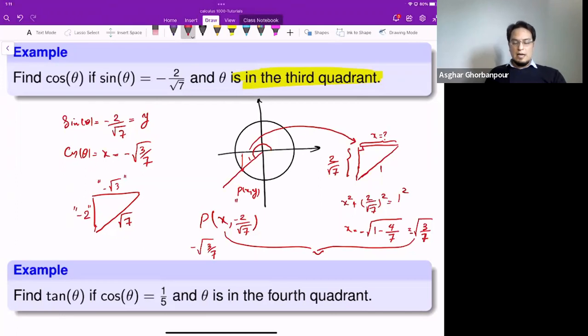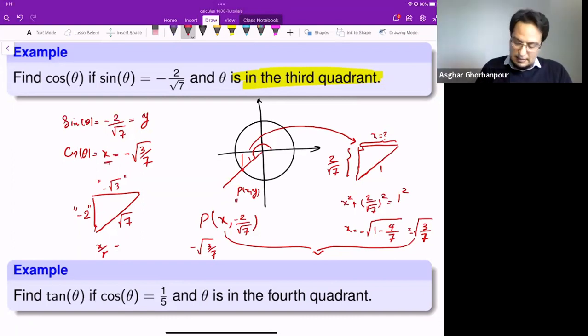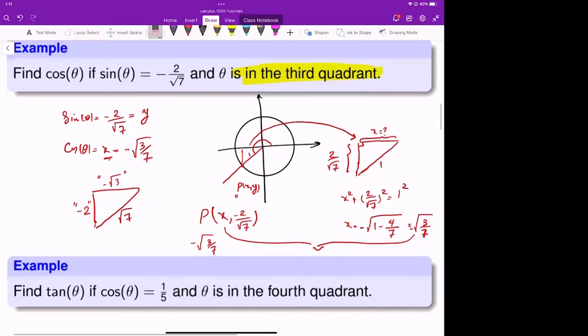But if you're using that kind of fact, then cosine is not going to be x. It's going to be x over r. Do you see that? In that case, it's a little bit different story. But that will give you the right answer if you do everything correctly. Okay, thank you.